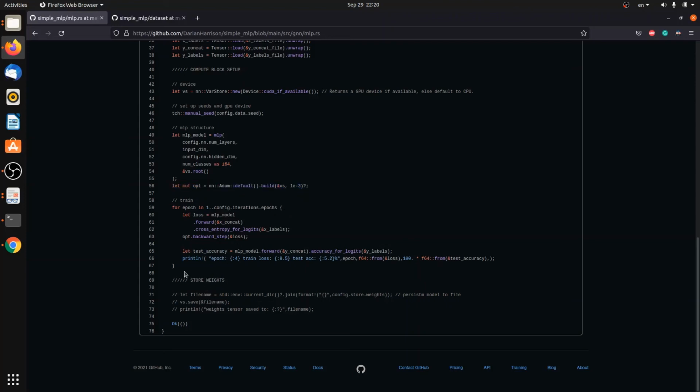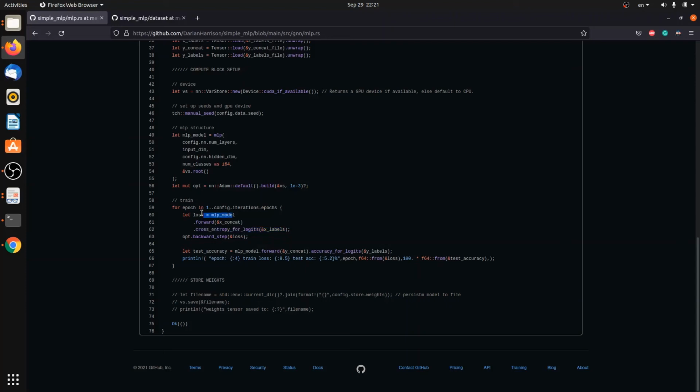And here we just say, okay, let's go ahead and train. For each epoch, we're going to do a forward pass and calculate a loss. Remember we said that the way we calculate the loss is by the cross-entropy algorithm.